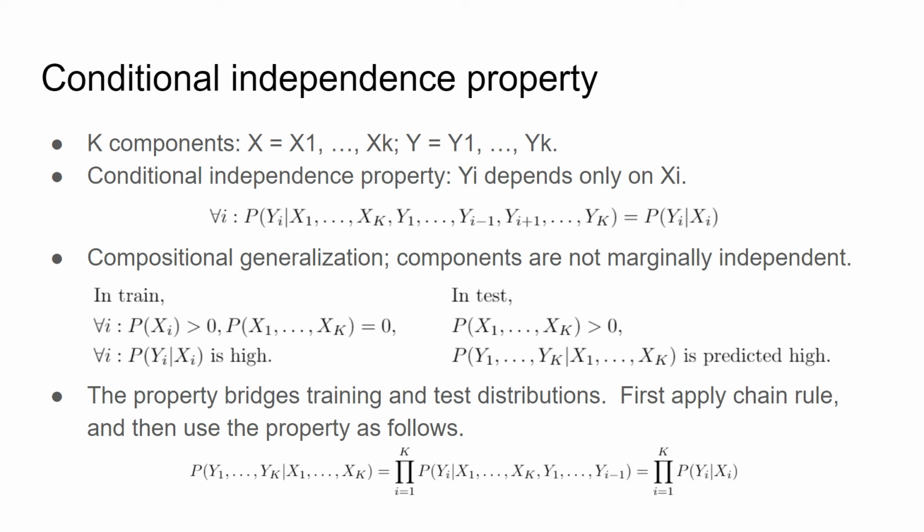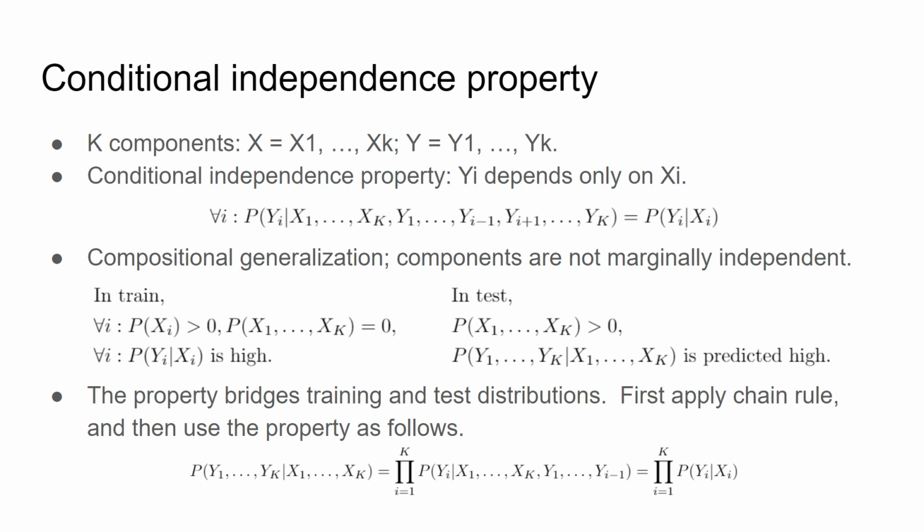In training, each component value xi appears, but the value of x does not appear. This means the components are not marginally independent. When the value of xi appears, the value of yi has high probability. In test, the value of x appears, and we hope conditional probability of y is high.